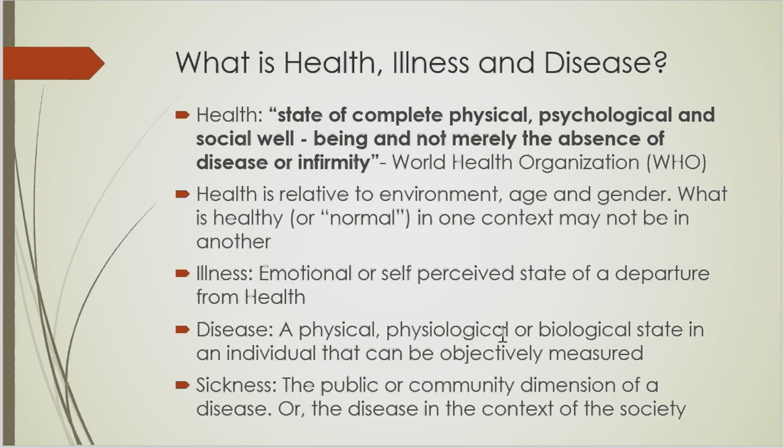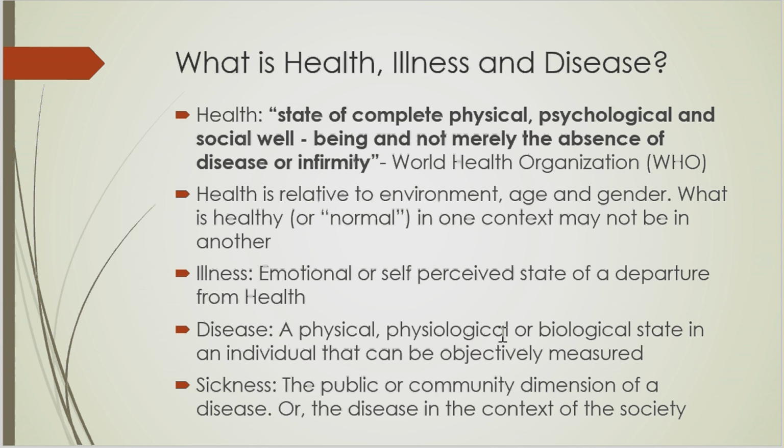Sickness is the public or community dimension of a disease. So the disease in the context of the society. We tend to use the term sickness when we talk about how the disease is distributed in the society, whether it is prevalent, whether it is rare, and so on. So it could be a very common sickness or a rare sickness or so on.